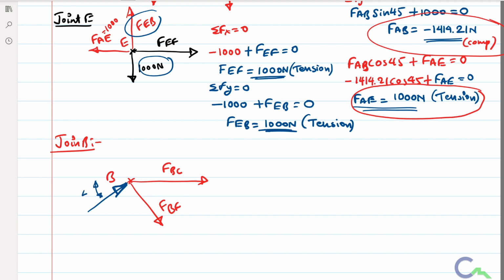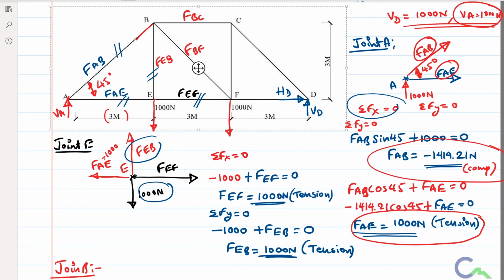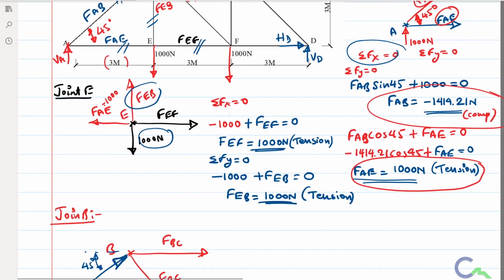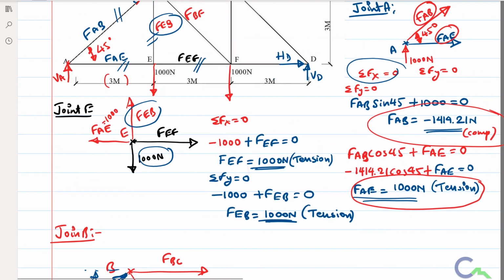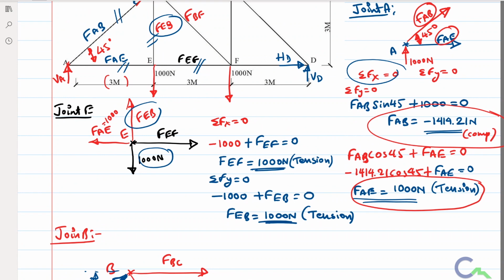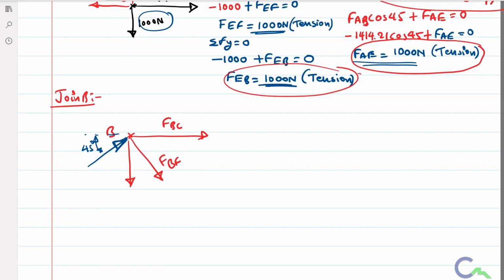Therefore, this angle, that is 45 degree, I can see in the figure. If this is 45 degree, so the alternate angle, this is also 45 degree. So remaining force, that is FEB. I am considering it for the second time. In the previous step I got it as tension. I will take as it is. Therefore force is moving away from the point. That value is 1000 Newton. So this is FAB.